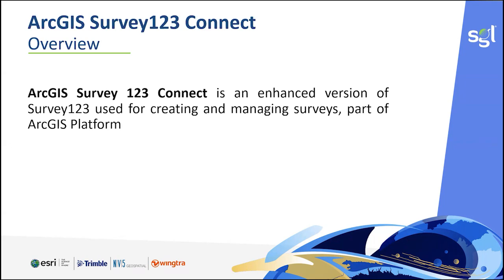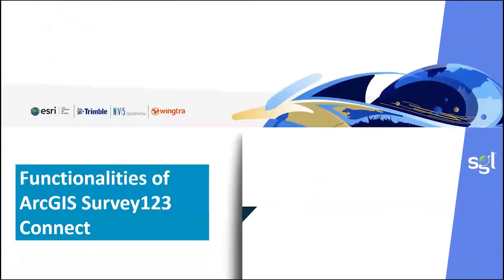Then this ArcGIS Survey123 Connect represents a sophisticated approach to designing and deploying geospatial surveys that actually goes beyond basic data collection. It leverages what's called the XLSForm to enable complex functionalities, and the functionalities are what we'll be looking at.